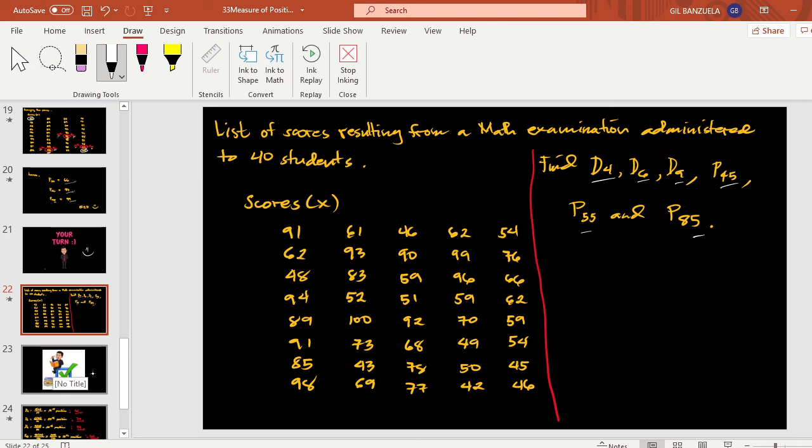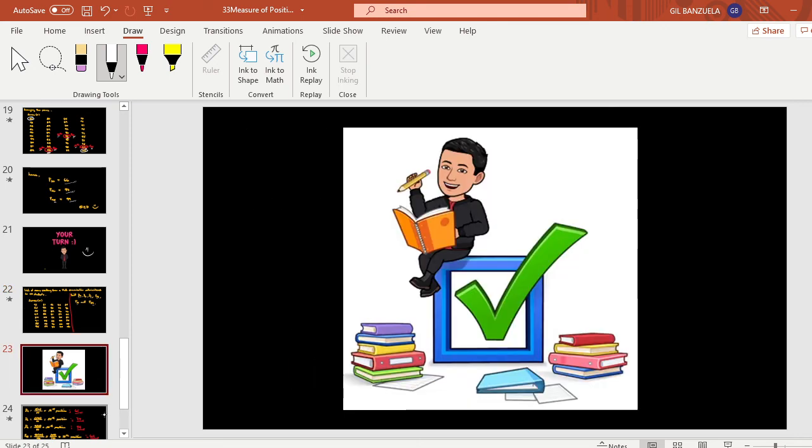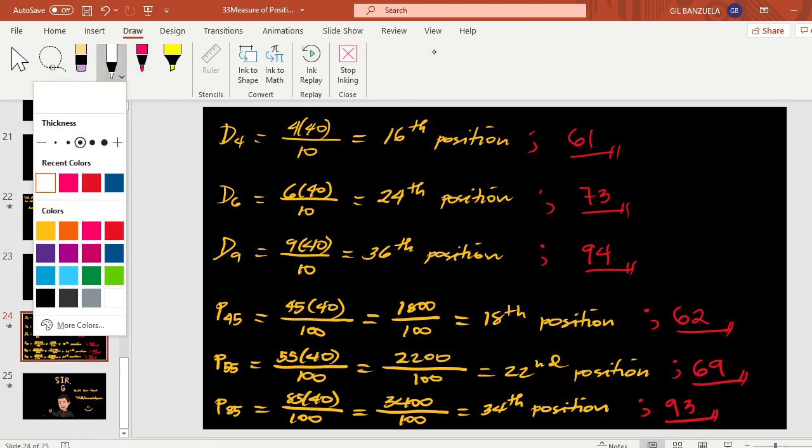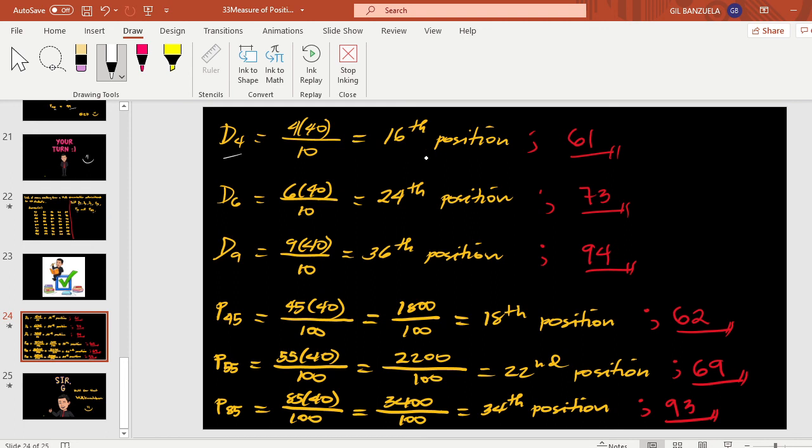Alright guys, let's do the checking. Your 20 minutes is gone. For decile 4, it is at the 16th position, or simply 61. Our decile 6 is at the 24th position, which is 73.